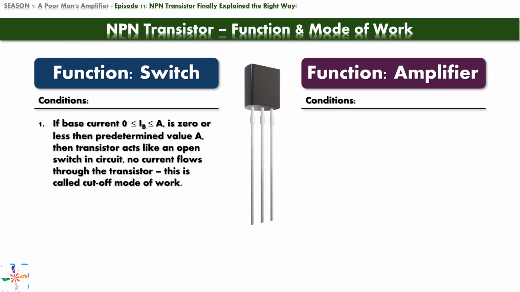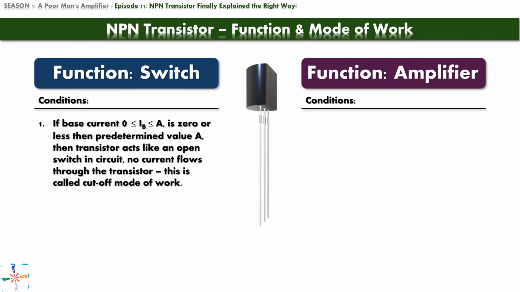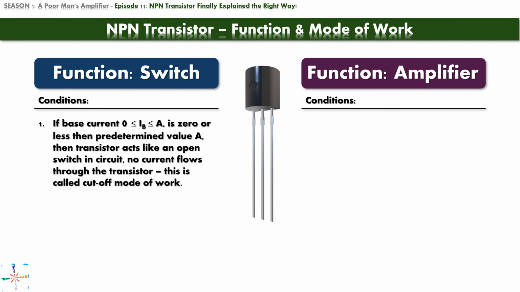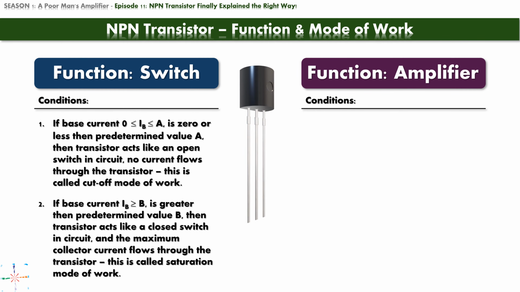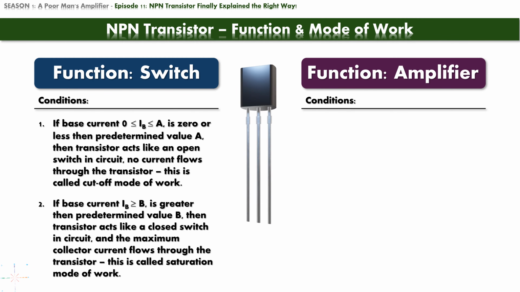If this is the case, we call this mode the cutoff mode, or simply said, the transistor acts like an open switch. Now, if the base current is greater than some predetermined value B, then the transistor functions as a closed switch, and we say that the transistor operates in saturation mode.